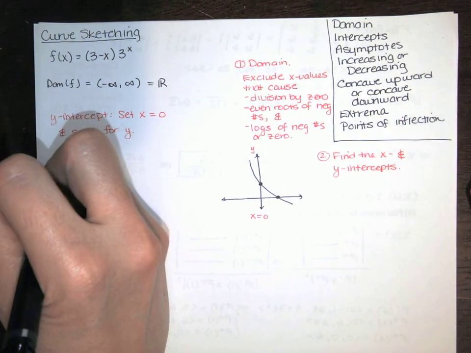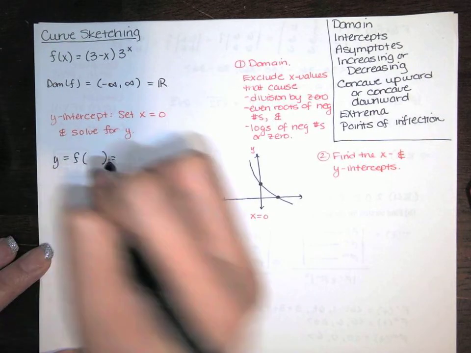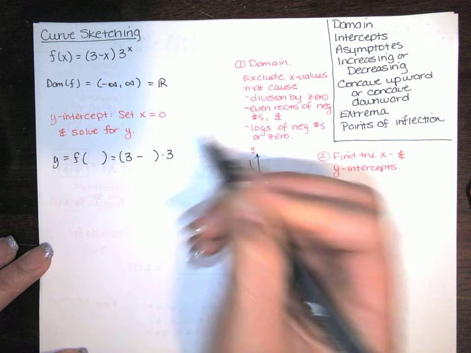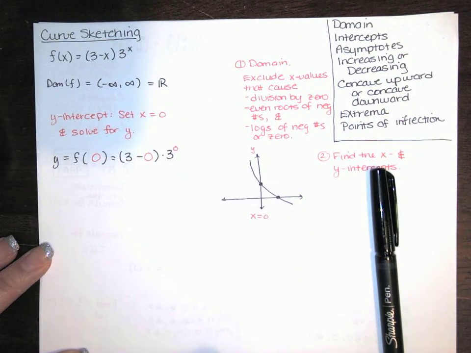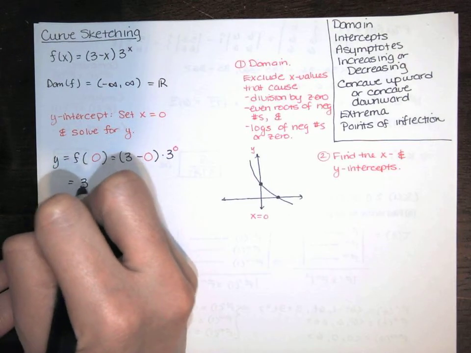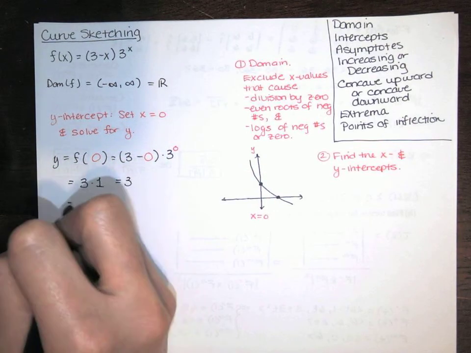When using function notation, all that means is you're replacing x with 0 in the original function, and then you're simplifying. 3 minus 0 is 3. 3 to the 0 is 1, so we get y equals 3.